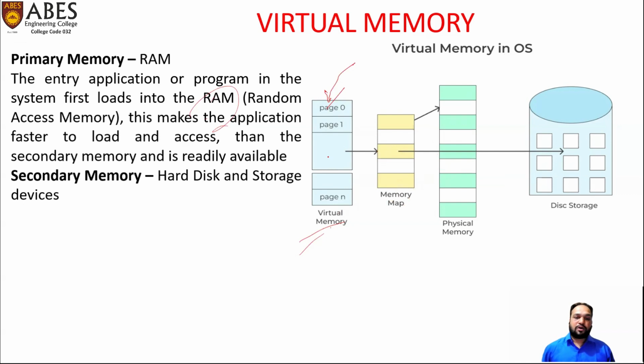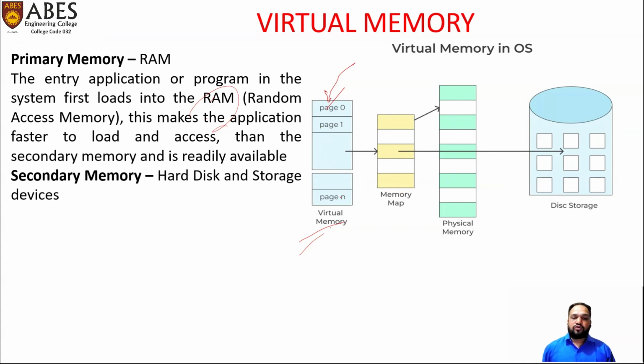What if the number of pages is larger than the actual capacity of the RAM? In that case, we store those pages in the secondary memory. Up to the number of pages that RAM is capable of holding will be kept inside the main memory, and the remaining are stored in the secondary memory.